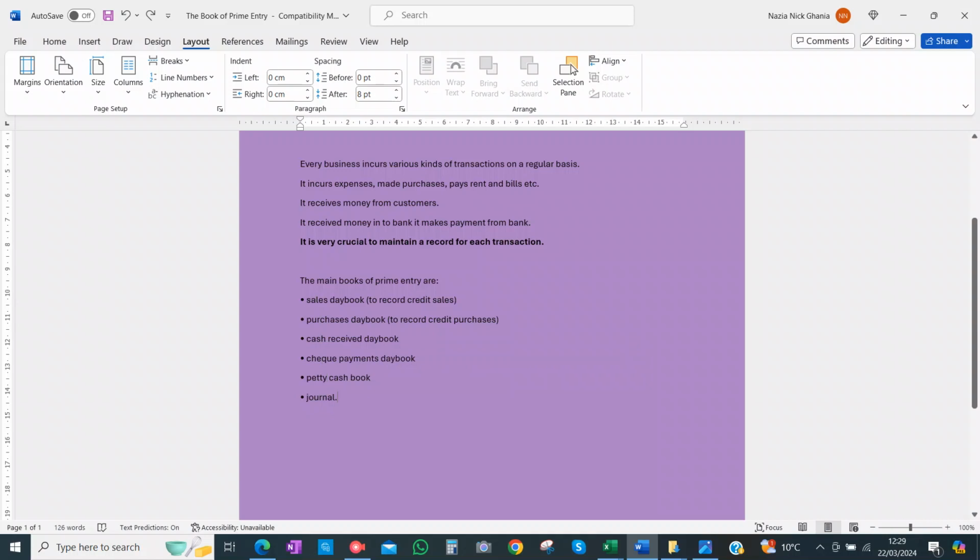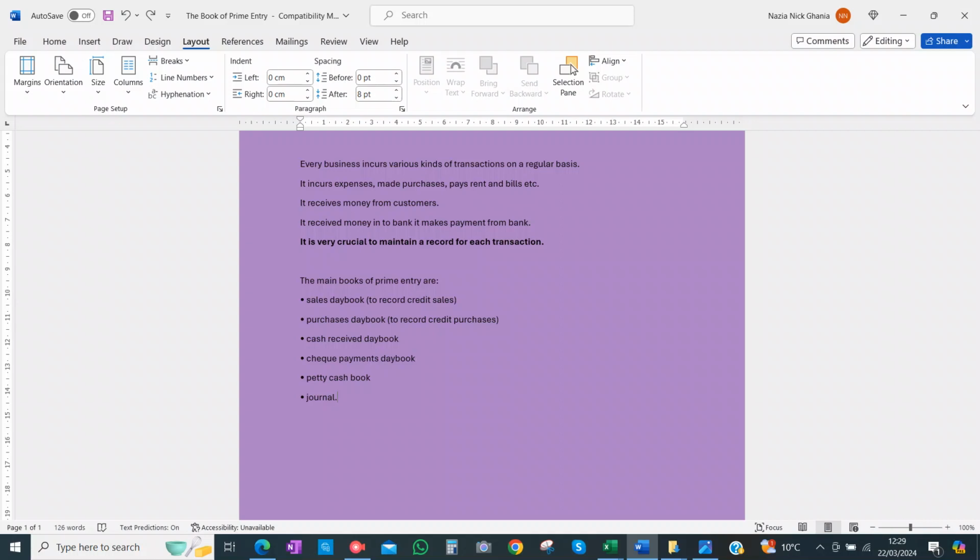Some year-end and month-end transactions, some non-cash items, information related to anything that is outstanding, like accruals or prepayments. So we record every transaction that is not in the day book in the journal.